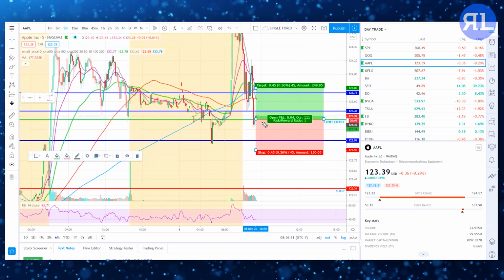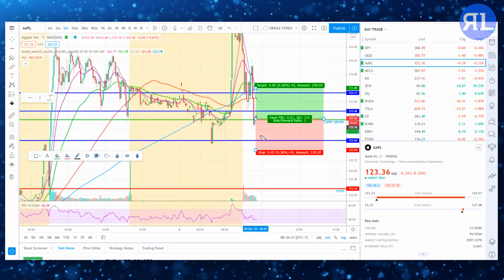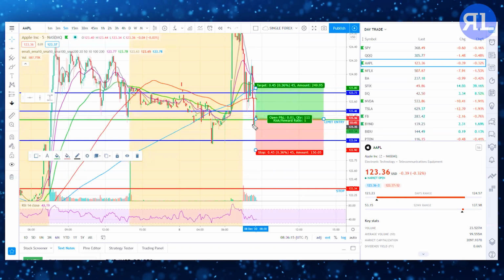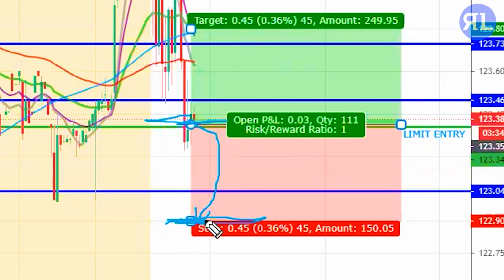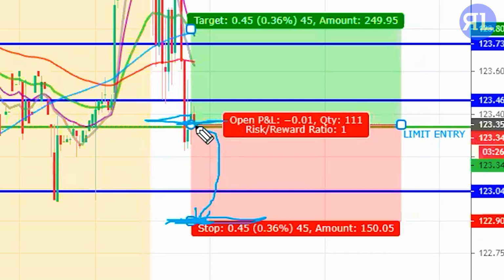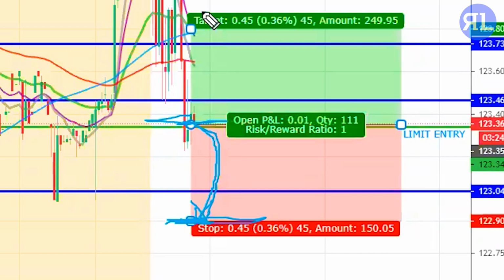I would plug it into my little calculator. If my stop is at 122.90 and I'm getting in at 123.30, the difference needs to be a $200 loss. Then I figure out how many shares that is. Once I know that I'm losing $200 here, I know I'm going to make $200 right here. This is my one-to-one.